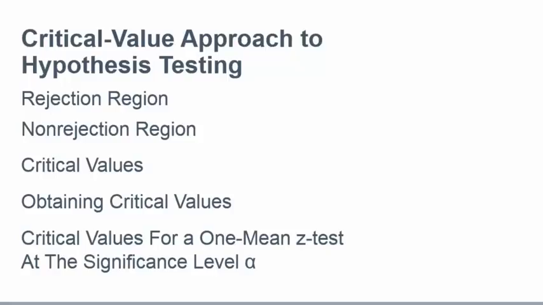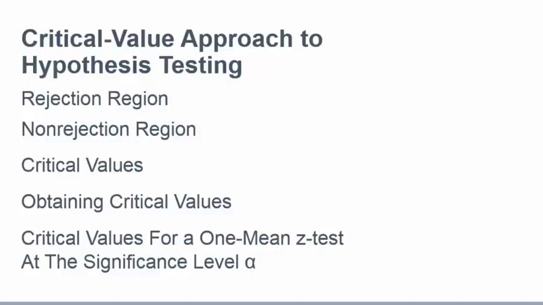To recap the section, critical values for a one-mean z-test at the significance level alpha. Step 1: state the null and alternative hypothesis. Step 2: decide on the significance level alpha.